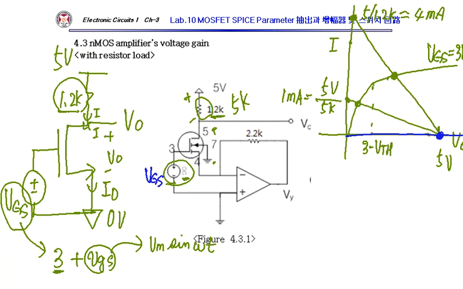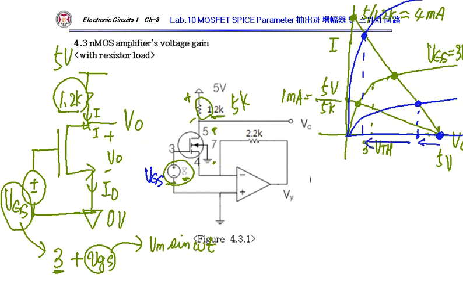If I increase the gate source voltage a little bit, my VO is there, right? My VO is reduced a little bit. If I increase VGS too much, my VO will be further reduced, right?